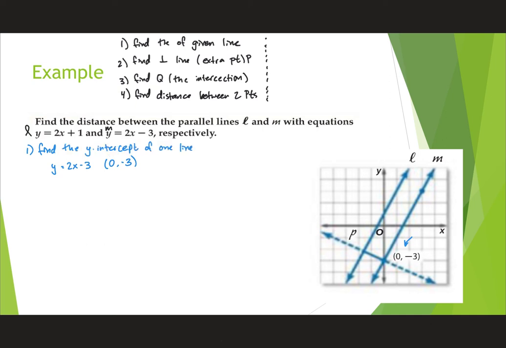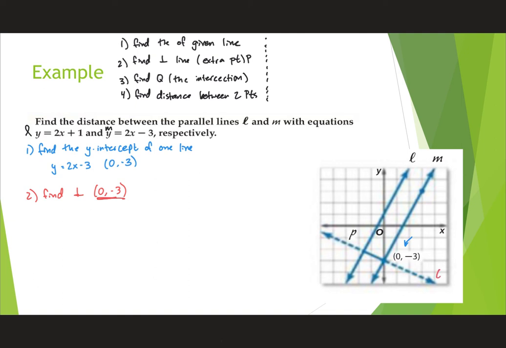So now that I have my point, I'm going to move on and finish step 2 to find the perpendicular line. Okay, so I'm going to find the perpendicular line using that y-intercept. So I'm using this point, and I want to see what the equation of this line over here is.